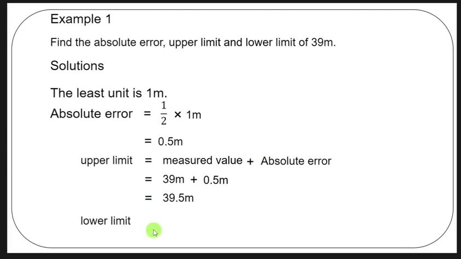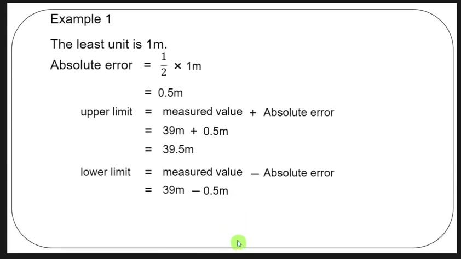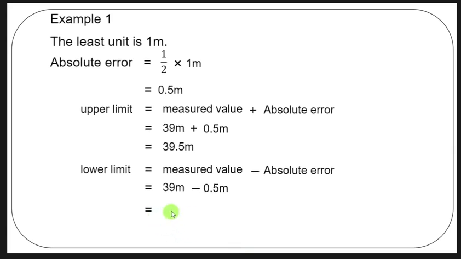Then the lower limit is equal to the measured value minus the absolute error. The measured value is still 39 meters, then minus the absolute error, which is still 0.5. Then we subtract 39 meters minus 0.5 meters, and we get 38.5 meters.